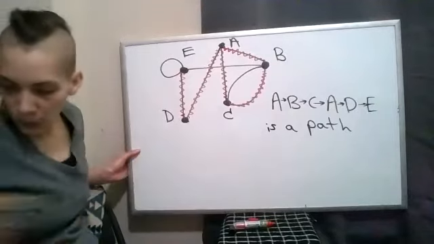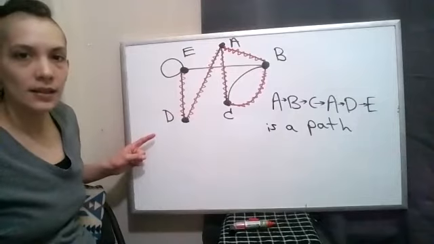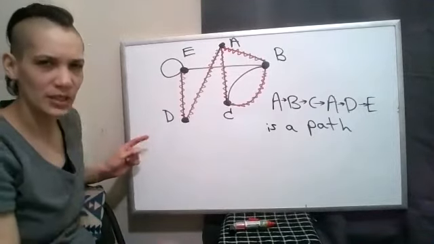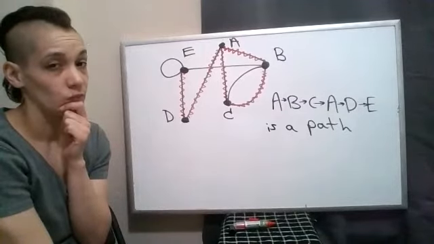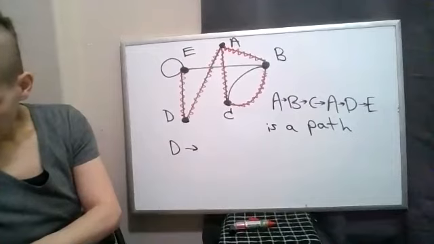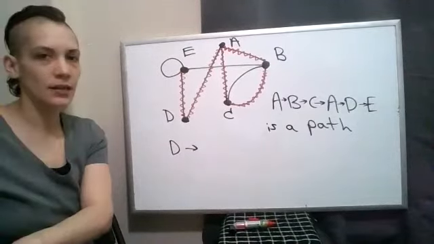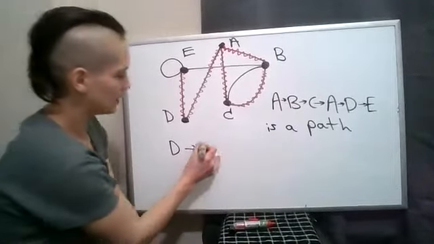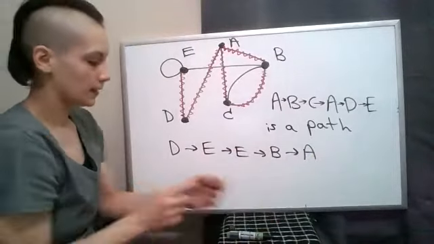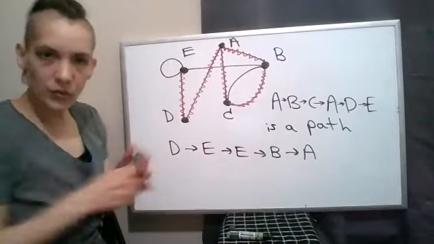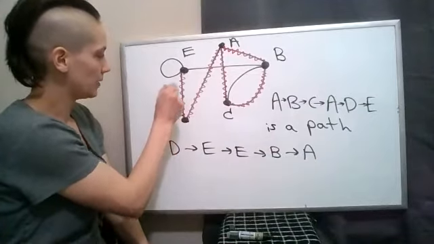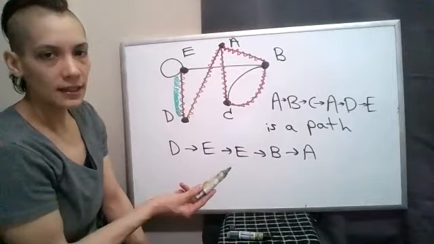Okay, next one we have, let's just start at D. It goes D, E, E, B, A. So we're going to start at D, and let's go with a swirly shape to E. Then E to E using the loop.